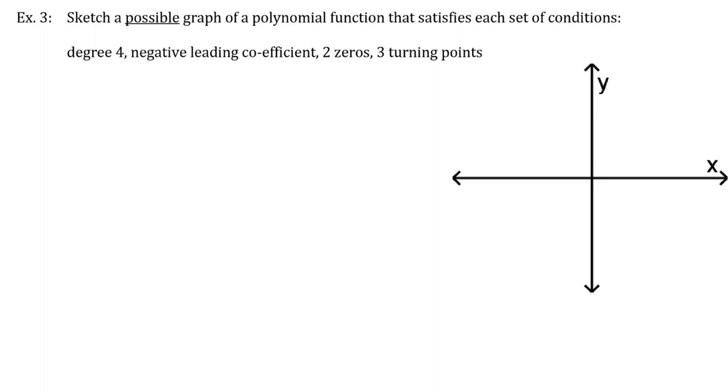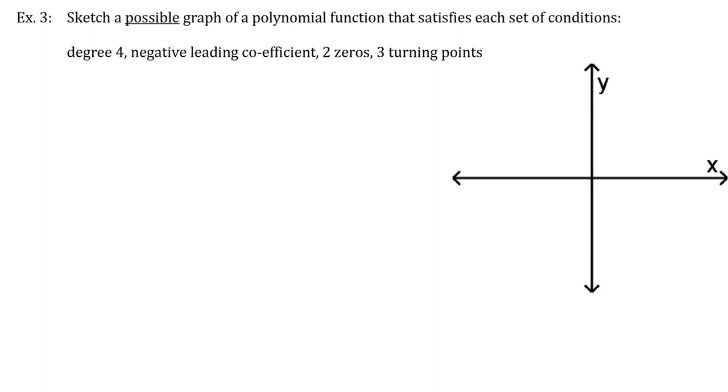So it says degree 4, negative leading coefficient, 2 zeros, that means 2 x-intercepts, and 3 turning points. Let's talk about each one of these on its own. Degree 4 is even, so that tells us end behavior is both up or both down.